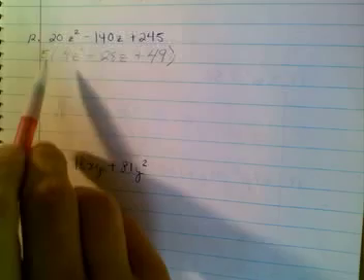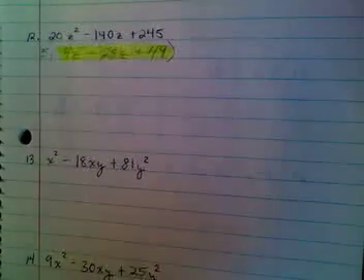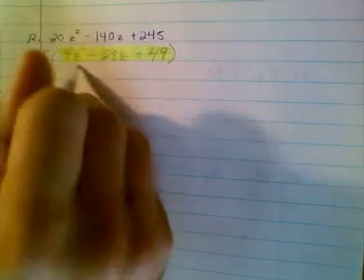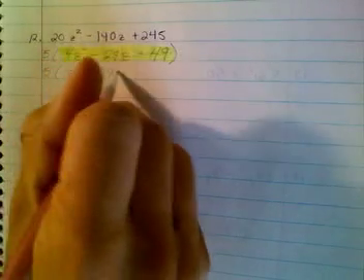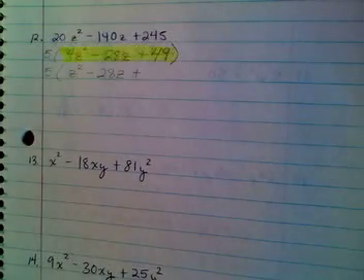So now this 5 acts a lot like that negative 2 did in the previous question. All you have to do is just keep writing that 5. And the only thing that I'm going to factor now is the inside of the parentheses. So I'm going to have to Lizzie method the inside of the parentheses there. So z squared minus 28z plus 49 times 4.